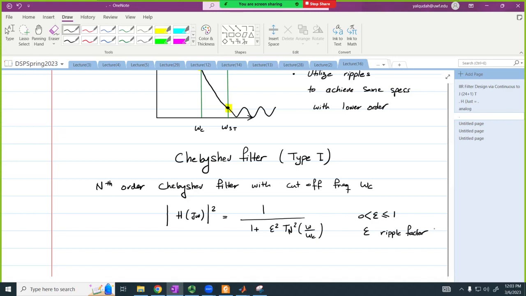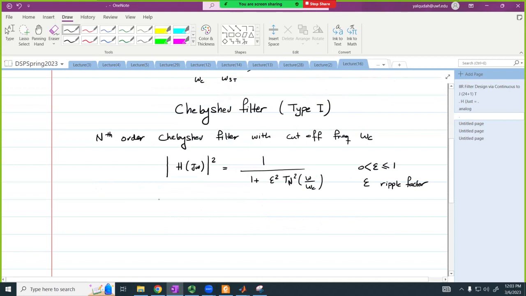What is this Tn that we introduced? Tn of x is the nth order Chebyshev polynomial.